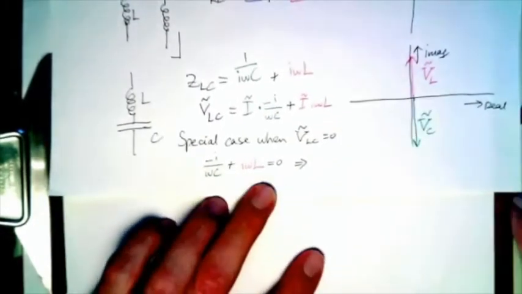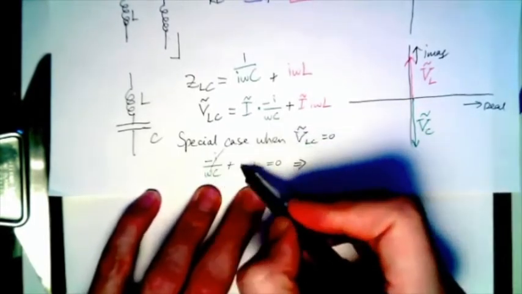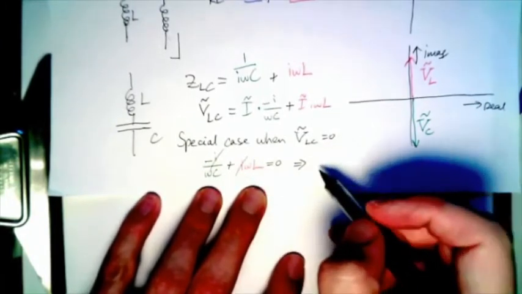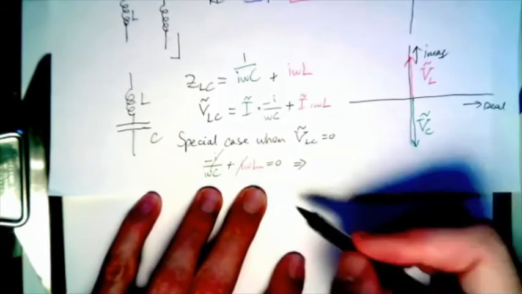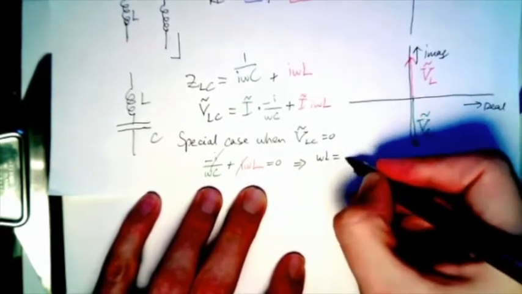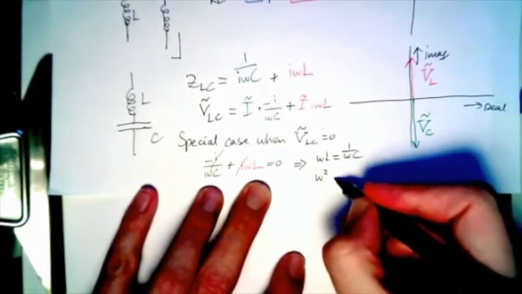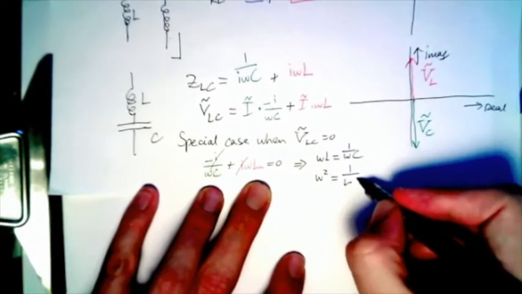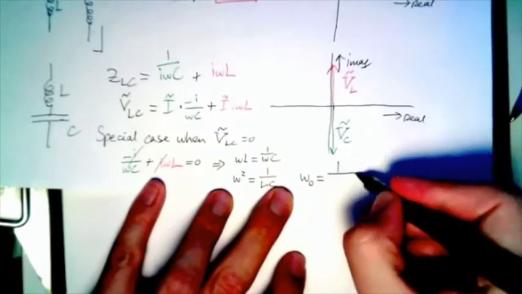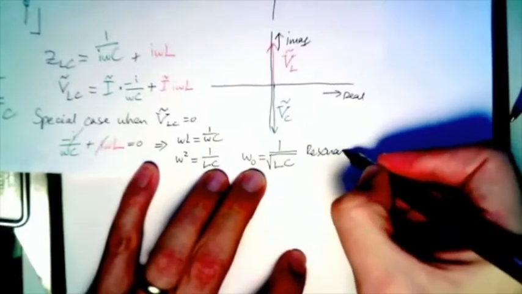So divide the i's out and bring this one over to the other side. Now you have 1 over omega C on one side and omega L on the other. So omega L is omega C inverse. Multiply by both and divide by LC, and omega naught is 1 over the square root of LC. This is called the resonant frequency.